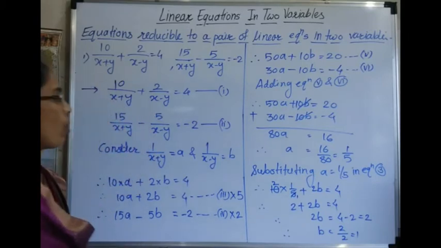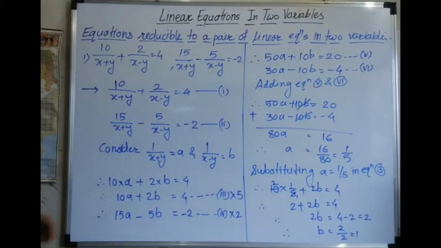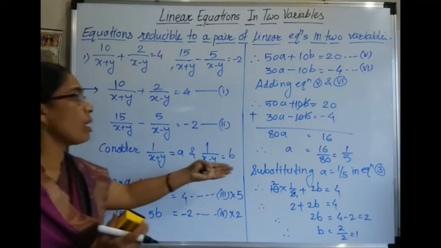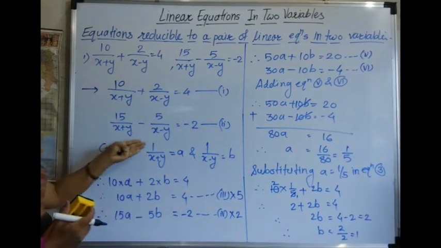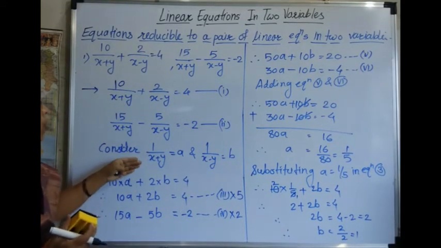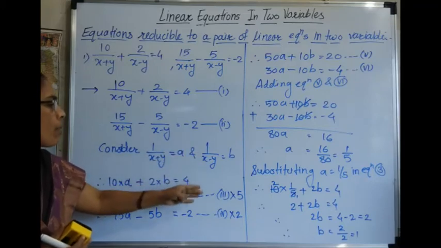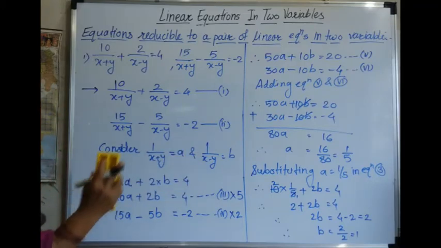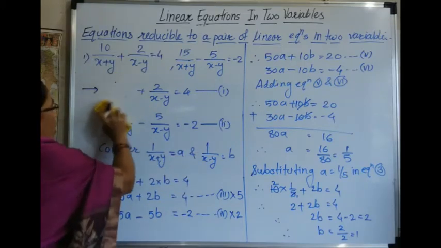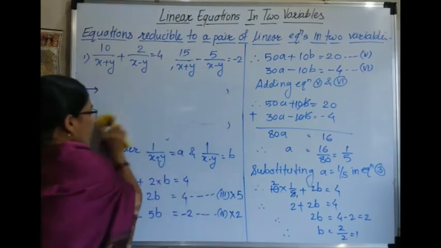Now here we got the value of a and b, which variables we created for this term, 1 upon x plus y and 1 upon x minus y. Again we have to resubstitute these values, and then we will get the new equations.